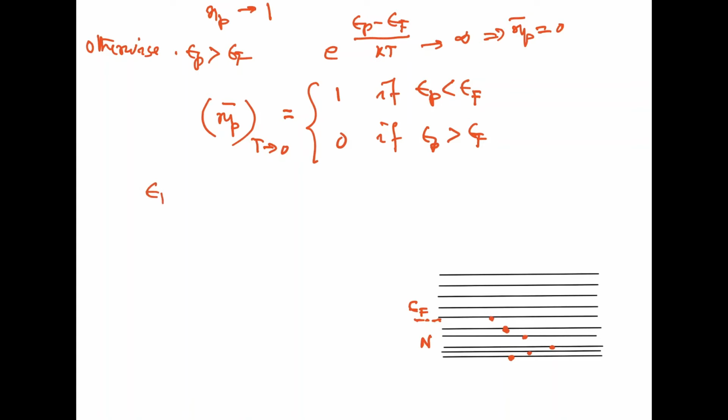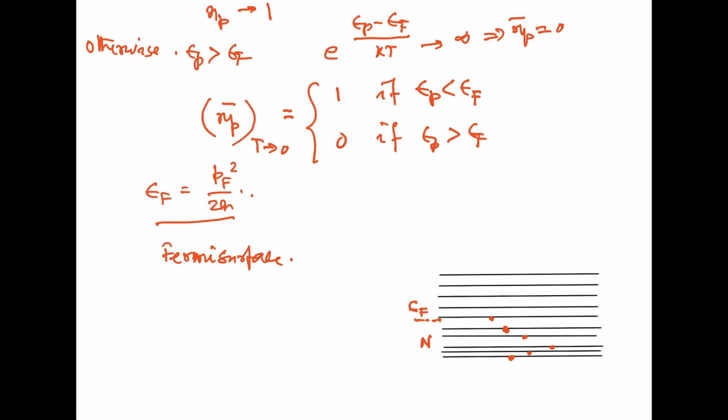If we take the corresponding momentum as p_F, then epsilon F is equal to p_F square by 2m. That means in momentum space, the particles fill a sphere of radius p_F, the surface of which is called the Fermi surface.